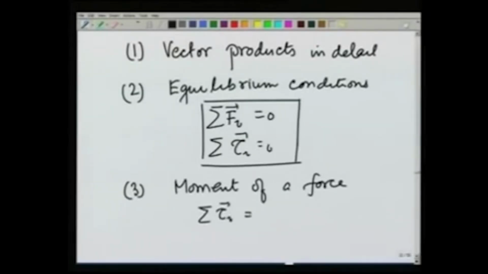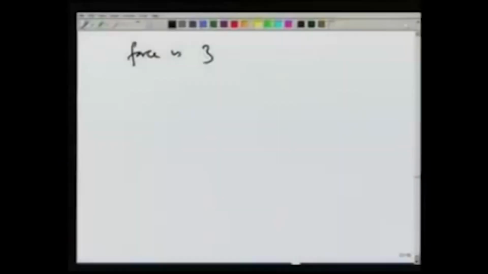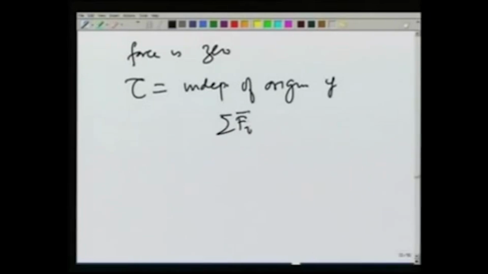We found that the total torque, tau i summed over, equal to R i cross F i, is origin dependent, but becomes independent of origin if the total force is 0. Let me rewrite this again: tau is independent of origin if the summation of F i is equal to 0.